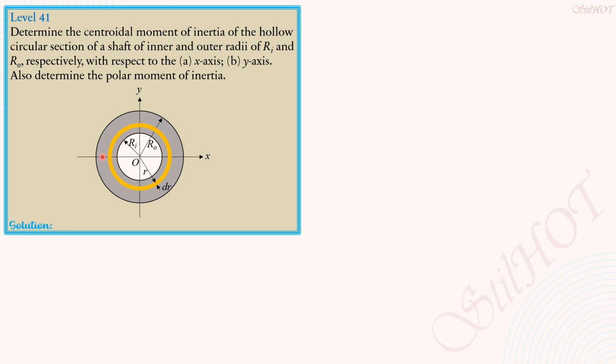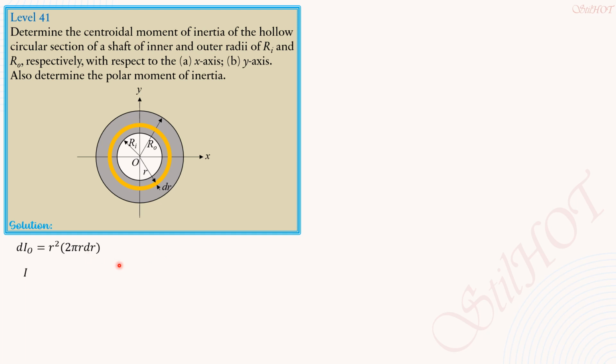If you're going to cut it and flatten it out, it is equal to the circumference of this strip, that's the length, 2 pi r, and the thickness is dr, therefore the differential area is 2 pi r dr. So differential I sub O is equal to distance squared, r squared, times differential area 2 pi r dr. Circumference, straight line, horizontal, let us say, circumference, then the thickness dr.